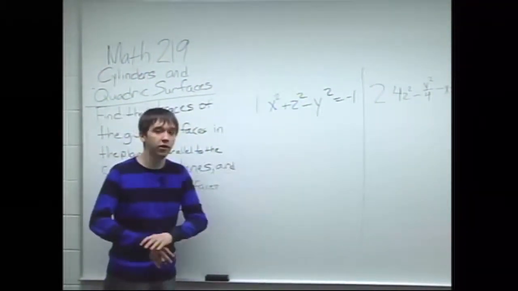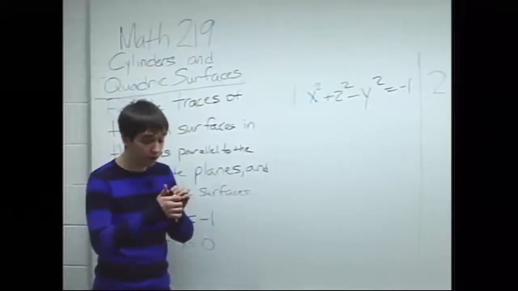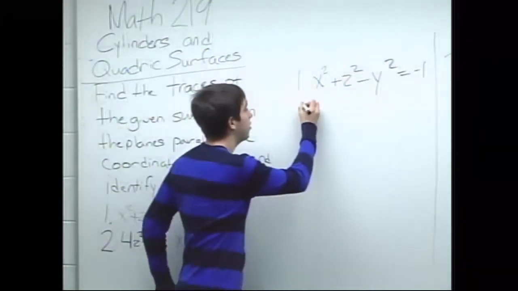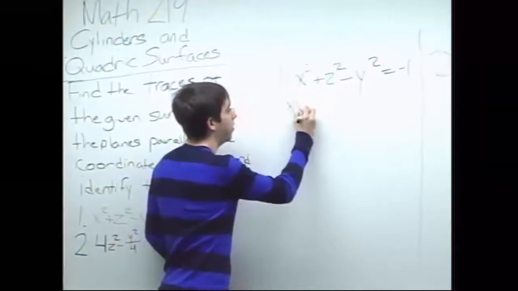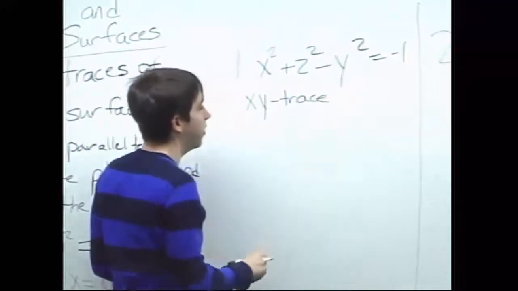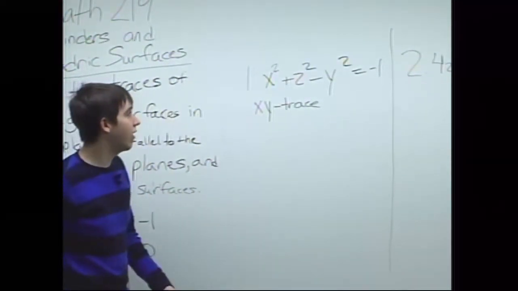x squared plus z squared minus y squared is equal to -1. So the first trace that I'm going to do is the xy trace. This is a trace where x and y can both be variable and z is held constant.